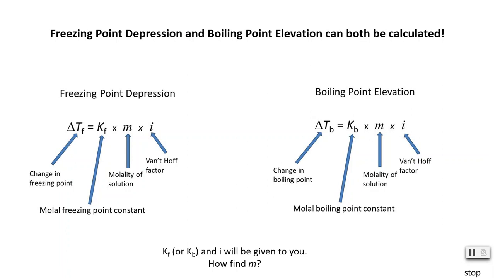We will talk about these two equations in the next video, but you should know that adding a solute to a solvent will lower the final solution's freezing point and raise its final boiling point, and those freezing point depressions and boiling point elevations can both be calculated. And we will talk about how to do that in the next video.